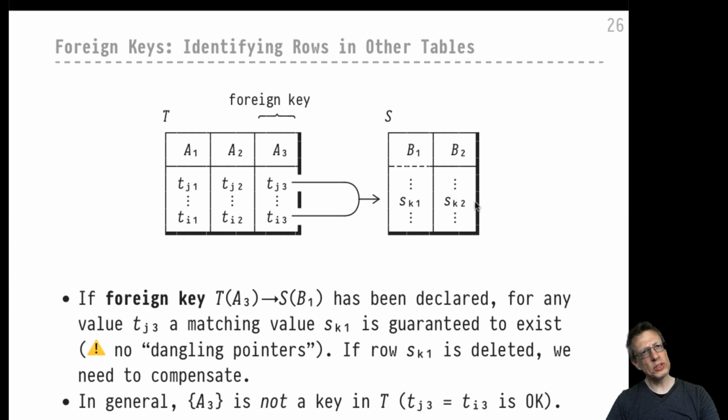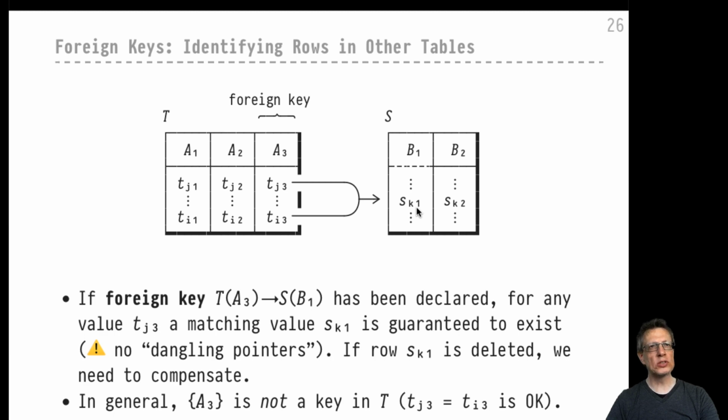If we want to connect this particular row J of the T table with this particular row K in the S table, then we just make sure to take this particular key value. You can see B1 is a key in the S table. We take this key value of the kth row and place it over here: TJ3 is equal to SK1.